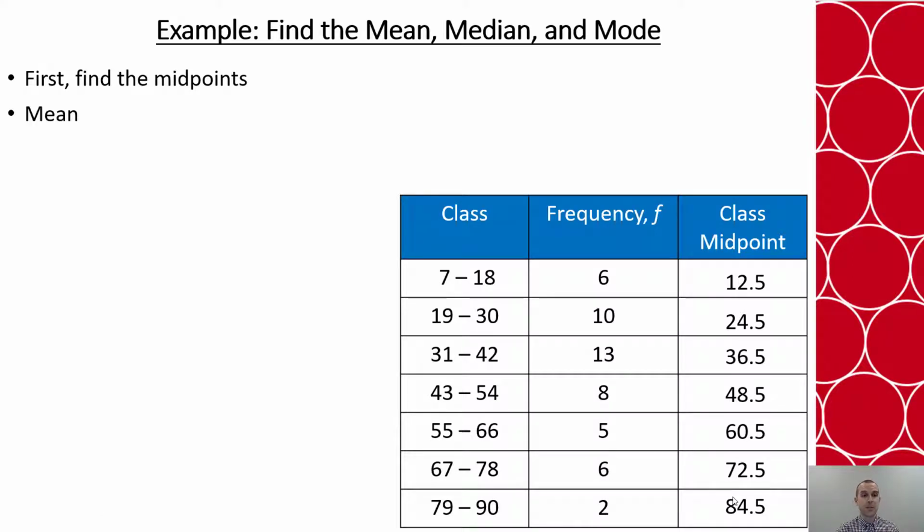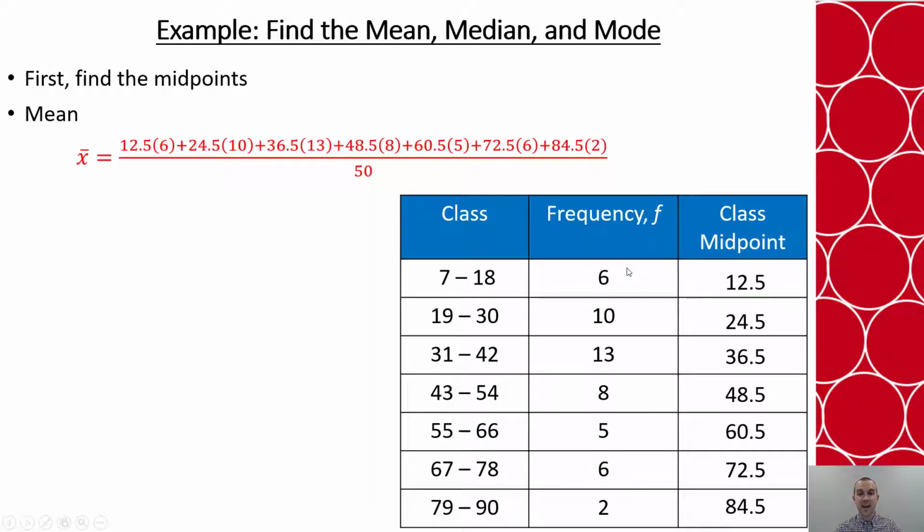Now to find my mean, I'm going to take my midpoint and multiply by my frequency, and I'm going to do that for each of these. So midpoint times frequency plus midpoint times frequency plus midpoint times frequency for all 7 classes. And then I divide by, well, how many entries were there? There were 50.